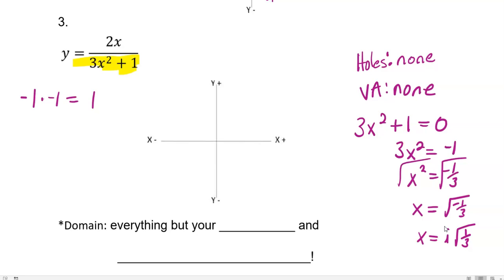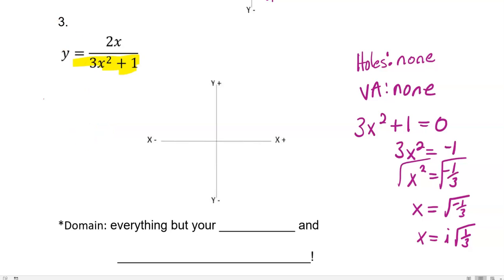If I put in a positive number, I'm getting a positive number out. So 3 times a positive number is always going to be something positive, and if I add 1 to it, it's even more positive, right? So that can never equal 0. There's nothing I can plug in that's going to make that equal 0 if it's always some version of a positive number. Okay? That's the other way to tell that there are no vertical asymptotes.